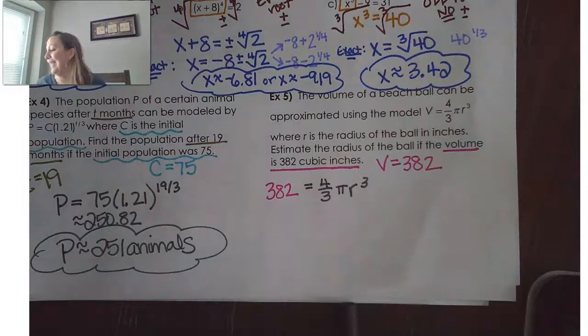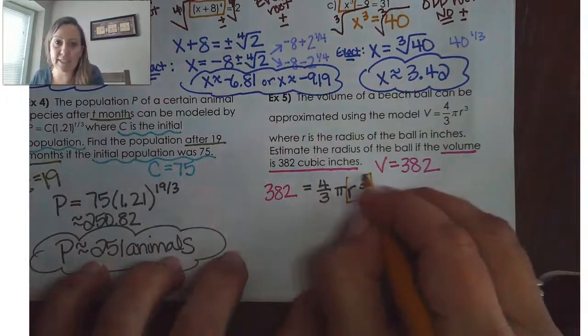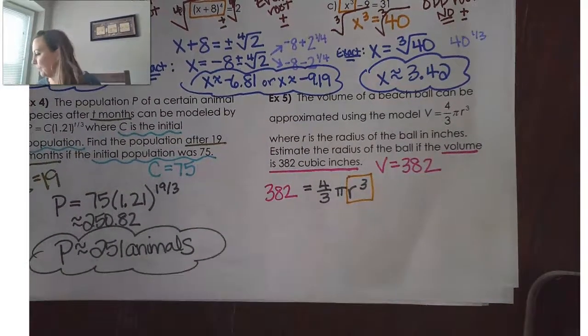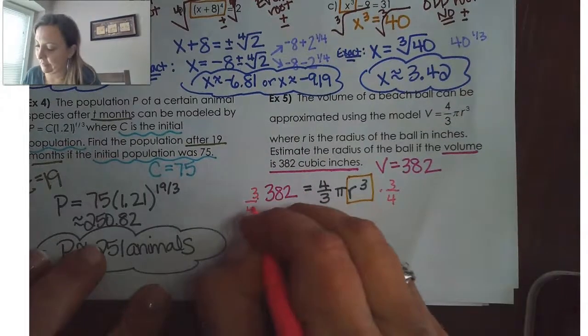Now remember that we can't take any roots until we isolate the power. And so the power means I'm just going to isolate this r cubed. So one of the things I have to get rid of is this 4/3. What's something I could do to get rid of the 4/3? Hopefully you're thinking about multiplying by the reciprocal. So I'm going to multiply by 3/4.